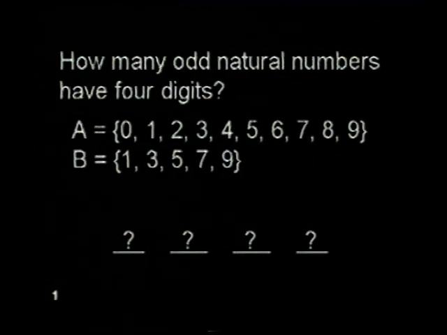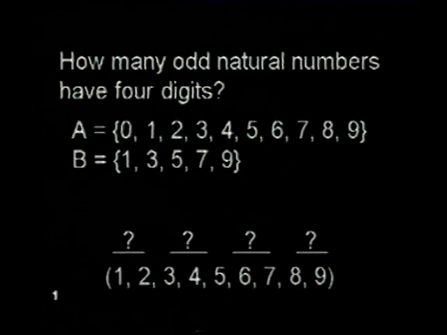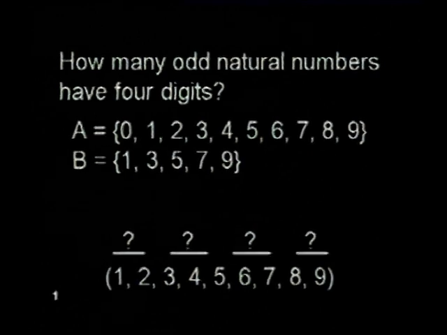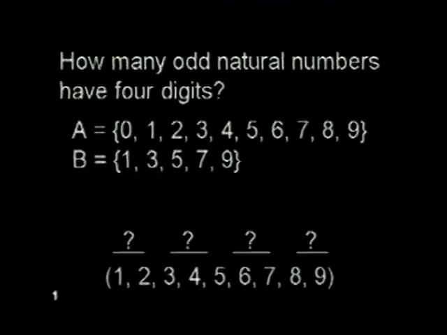Next, we need to determine how many elements can be used in each of the blanks. In the first blank, all of the elements of set A, except 0, can be used. If we used 0 in the first blank, the number would then become a three-digit number.